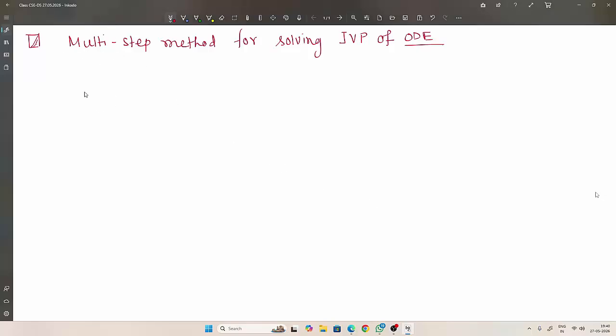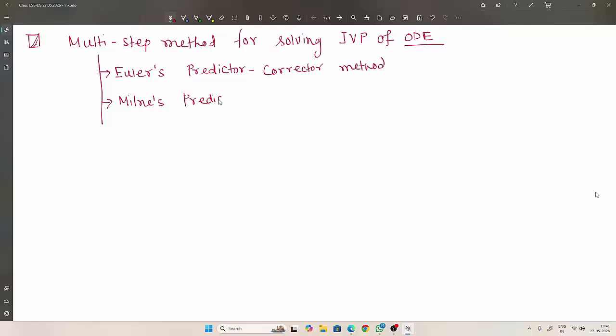And why we are saying these methods are multi-step methods? There are so many multi-step methods like Euler's predictor corrector method, then the Milne's predictor corrector method, and then we have also Adams-Bashforth-Moulton method.